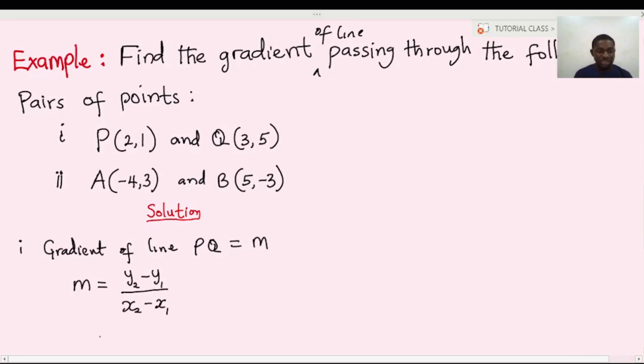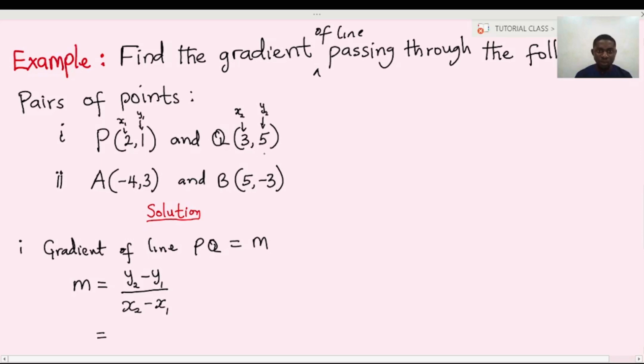So it's easy to do this by saying, if you take this Q part as where you have a y2 and this is where you have x2. Remember, each point is always of the coordinate x comma y. So this is going to be your y1 and this is x1.